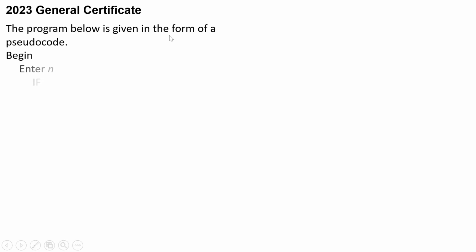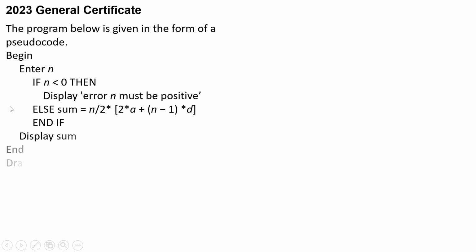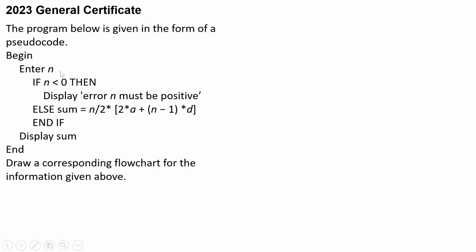The question reads, the program below is given in the form of a pseudocode. So this is the program here. It has begin, enter n. If n is less than 0, then display error, n must be positive.